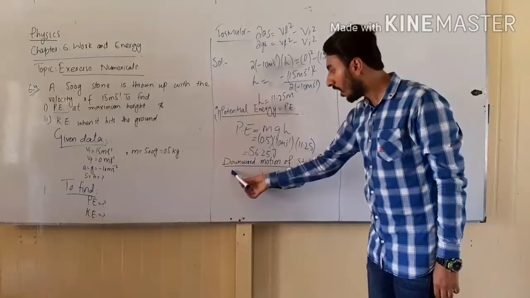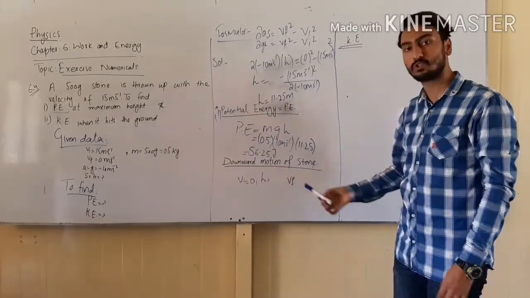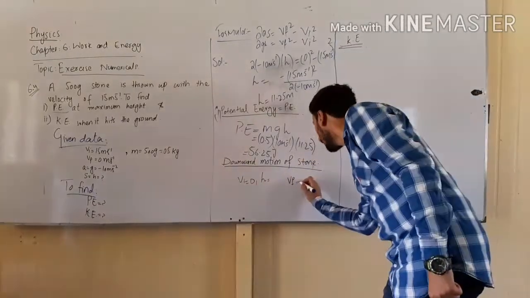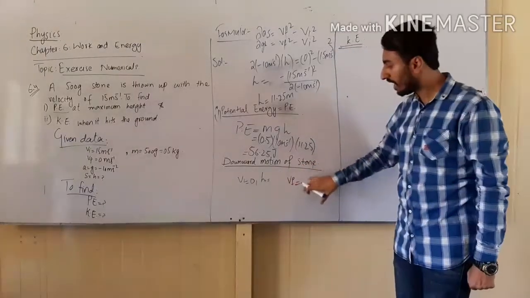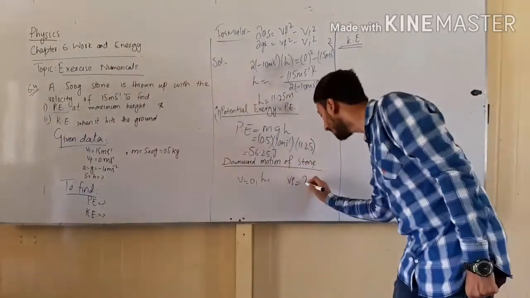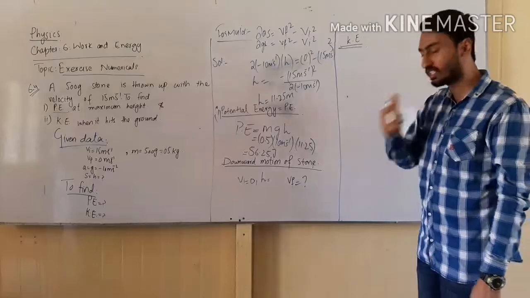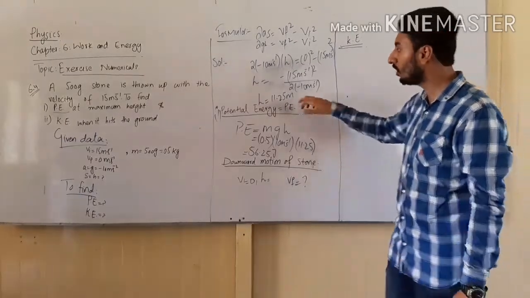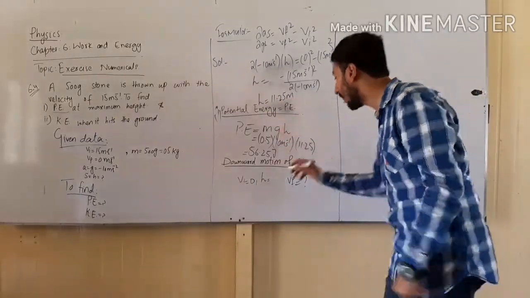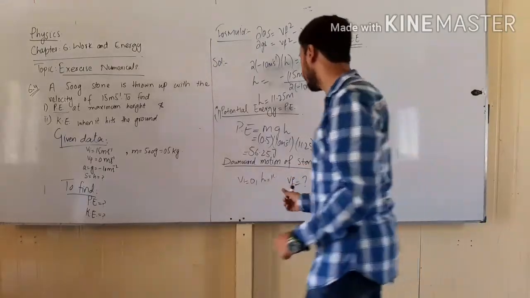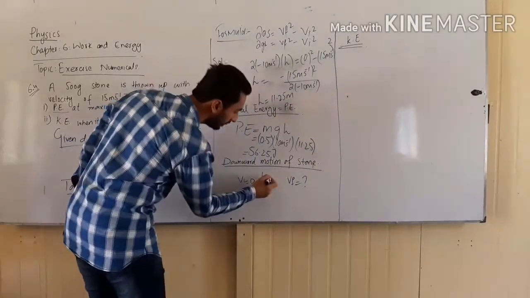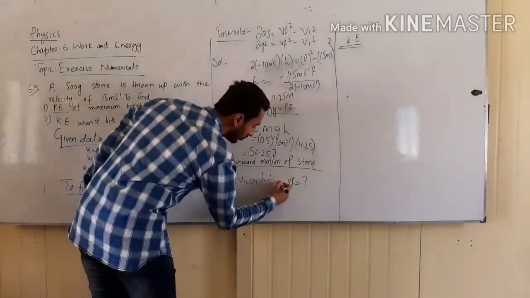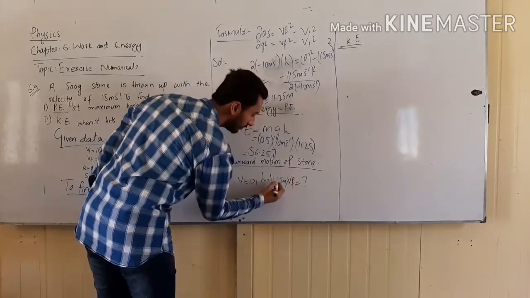So now I am going to find the downward motion of stone, and the thing I want to find here is our final velocity. What is the final velocity in this case? So height here is 11.25 meter.